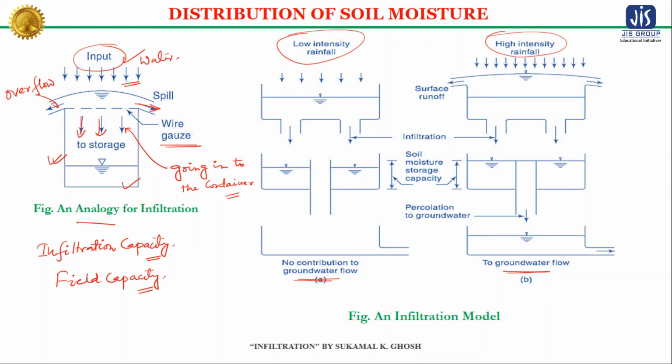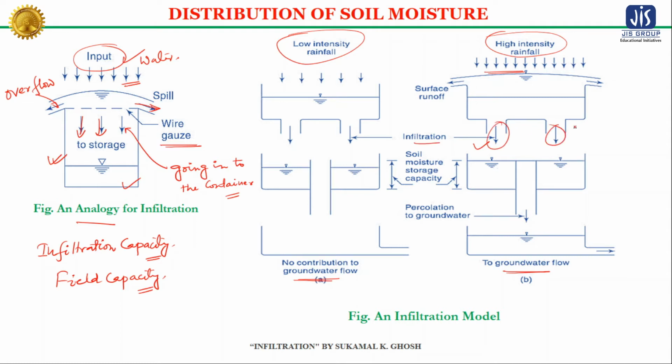Now after reaching the maximum field capacity, there may be more water remaining in high intensity rainfall, which may percolate and ultimately contribute to the groundwater flow. You can see here the high intensity of rainfall initially contributes to the infiltration. Okay, this is the infiltration.